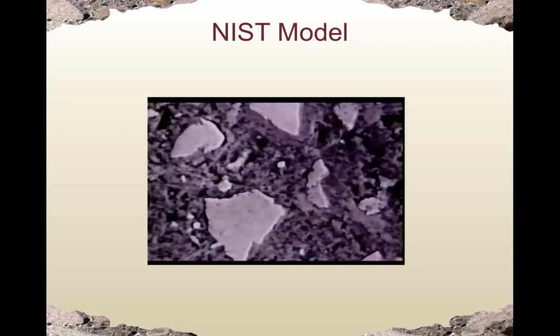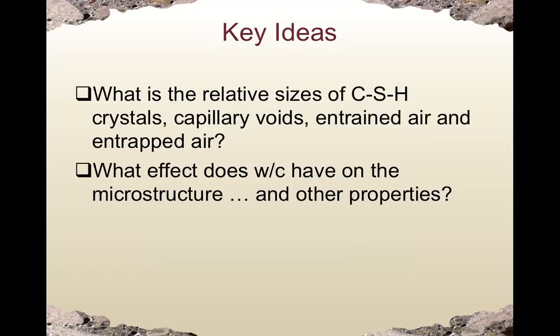So the key idea for this class is the size of different hydration products, such as CSH, ettringite, calcium hydroxide, monosulfoaluminate, different types of voids, different types of water, and how different water cement ratios will affect the microstructure of concrete and cement, as well as other properties.